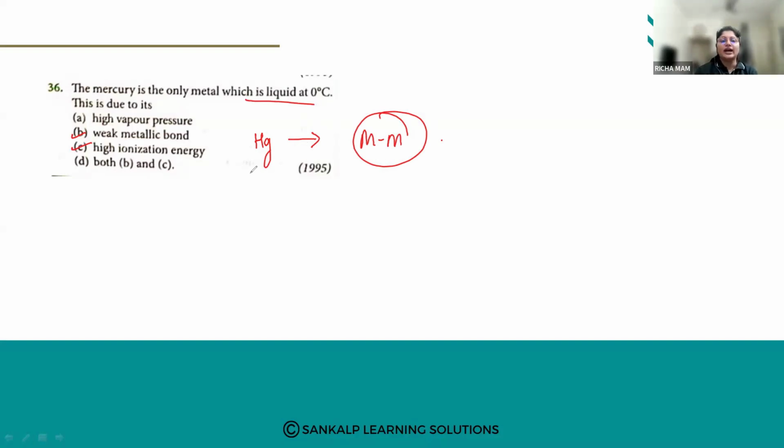Because of high ionization energy, the electrons cannot form metal-metal bonds, so mercury, though a metal, is in liquid state. These are the reasons: weak metallic bond, electrons cannot participate in metallic bonding, and high ionization energy. Okay, fine.